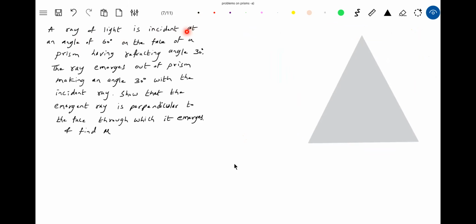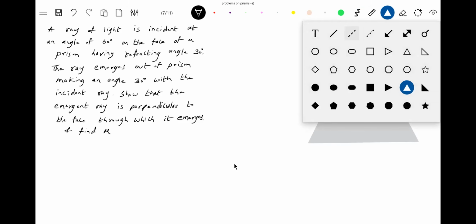A ray of light is incident at an angle of 60 degrees on the face of a prism having refracting angle 30 degrees. The ray emerges out of the prism making an angle of 30 degrees with the incident ray. Show that the emergent ray is perpendicular to the face through which it emerges, and find mu of the prism.